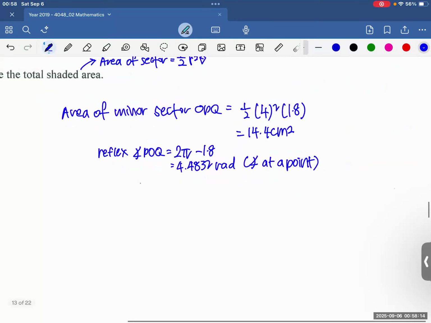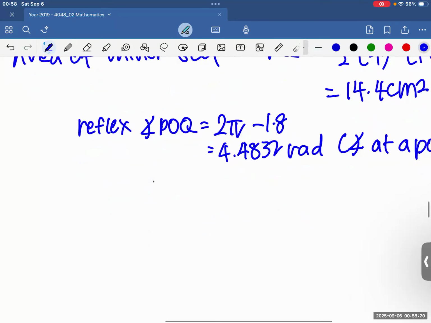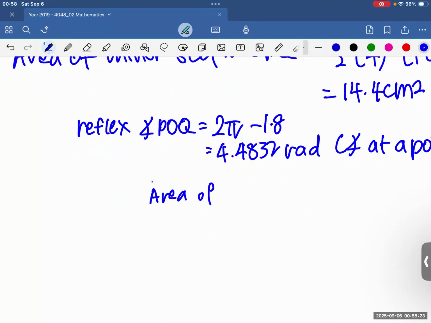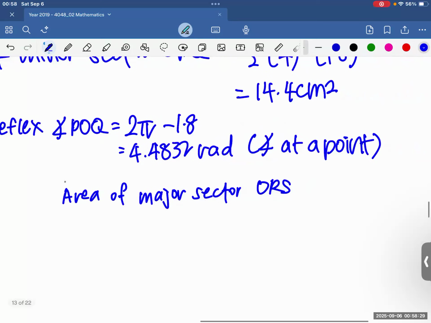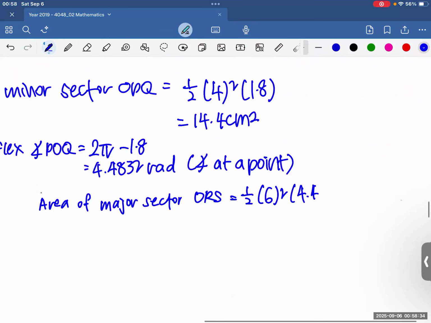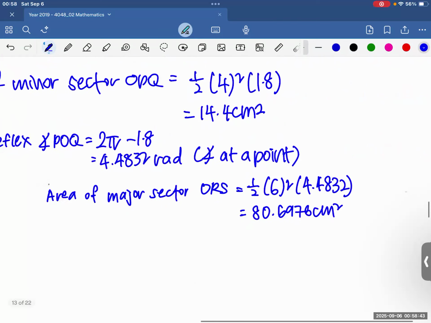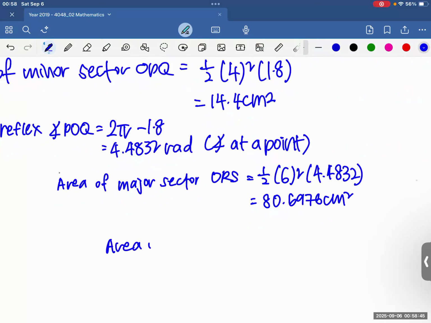Now we can find the area of the major sector ORS, using the reflex of angle POQ. The area of major sector ORS equals half times 6 squared times 4.4832, which gives us 80.6976 cm squared.